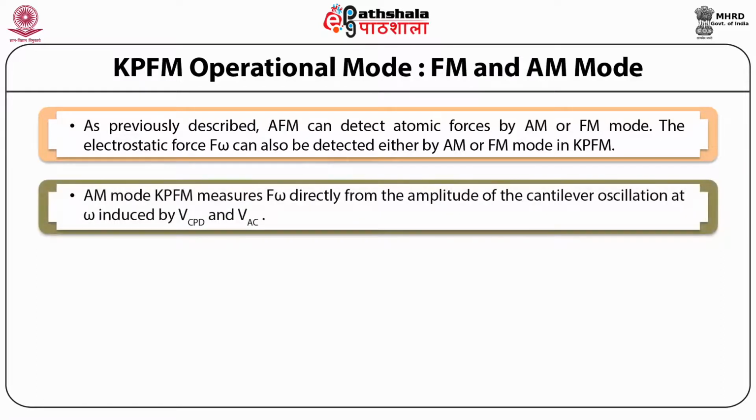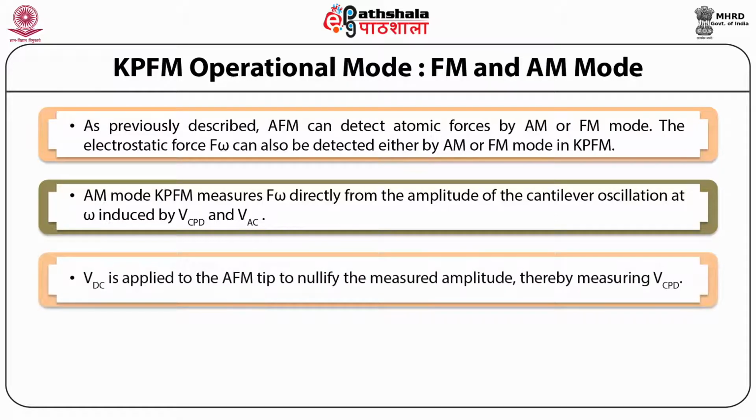AM mode KPFM measures force directly from the amplitude of the cantilever oscillation at omega induced by V, that is potential at CPD, and potential at AC minus potential at DC, that is alternating current minus direct current. This is applied to the AFM tip to nullify the measured amplitude, thereby measuring potential CPD.